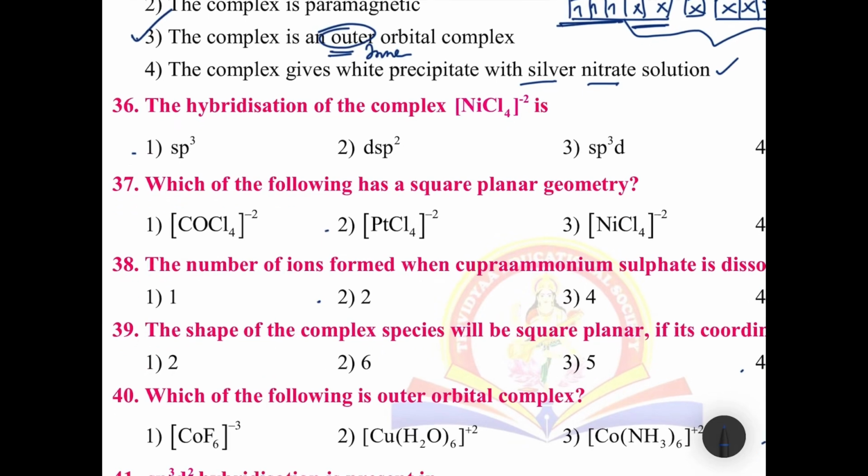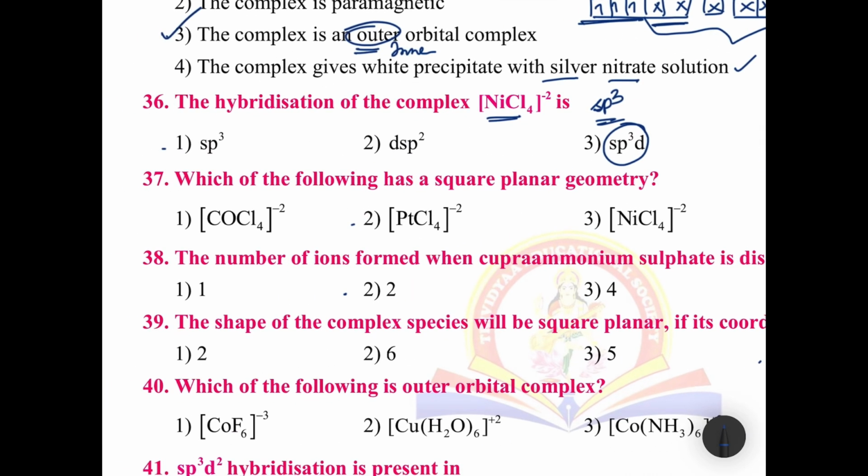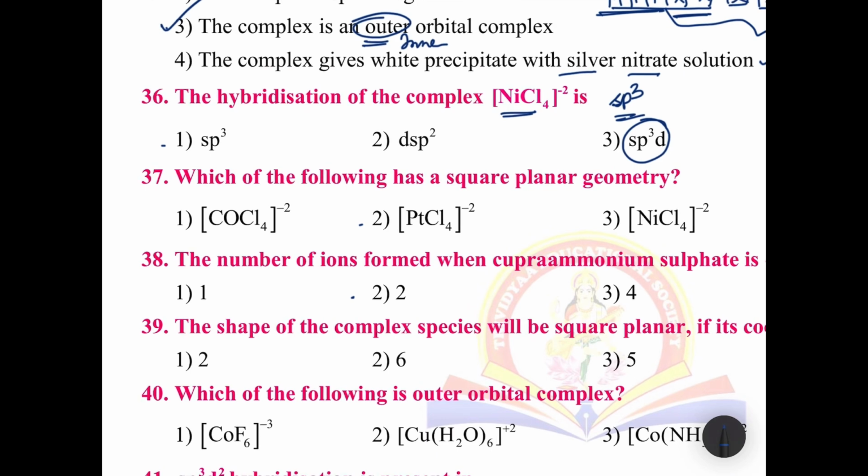The hybridization of the complex NiCl4 2- is, this is very simple, sp3. It cannot be the others because 4 ligands are there. And the fifth option also is not possible. So the fourth option. In these two you need to check. This is a weak field ligand. Weak field ligand generally goes for outer orbital complex. Weak field ligand, d8 system.